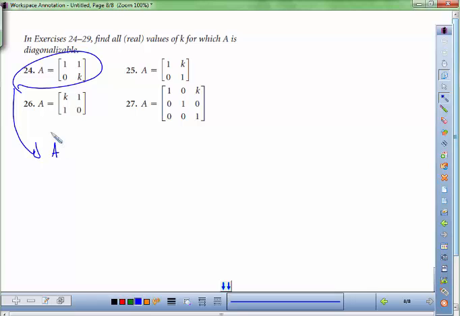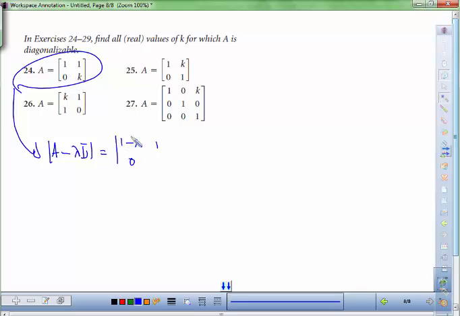So we want to find the eigenvalues, then find the associated eigenvectors. Let's start off by finding the characteristic polynomial. So this would be 1 minus lambda, 1, 0, and this would be k minus lambda.